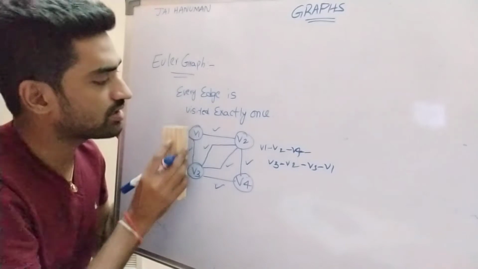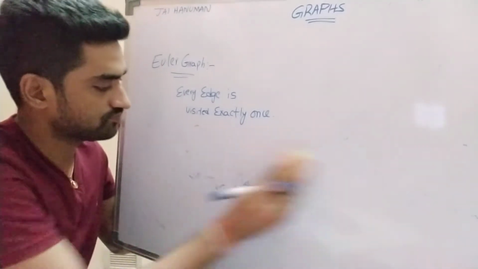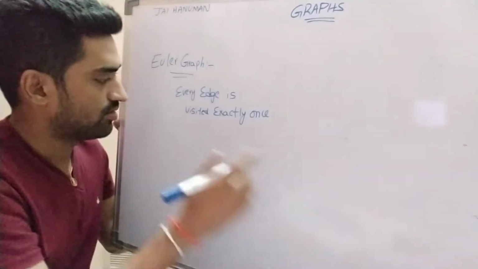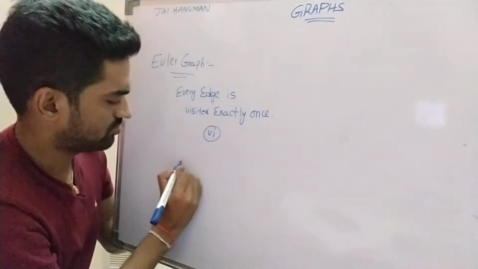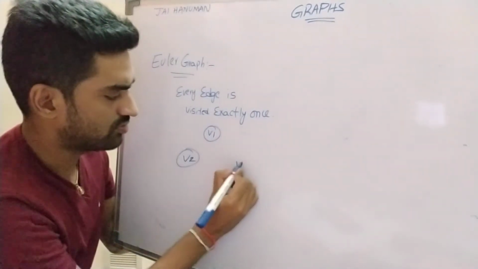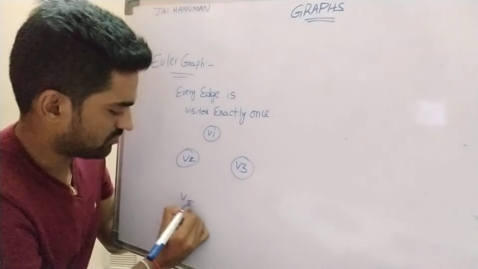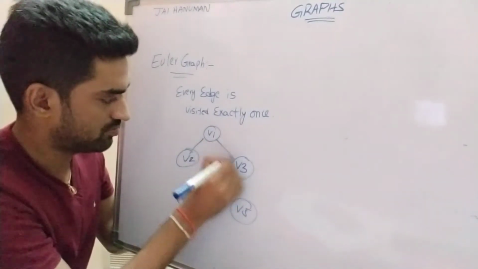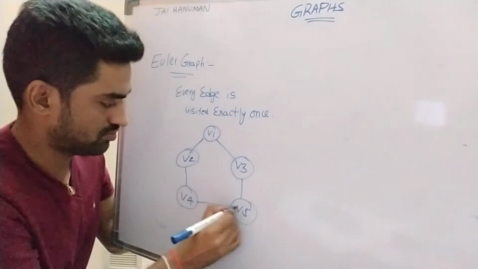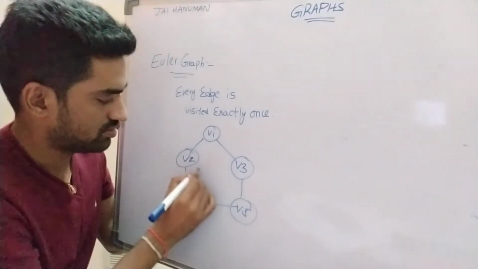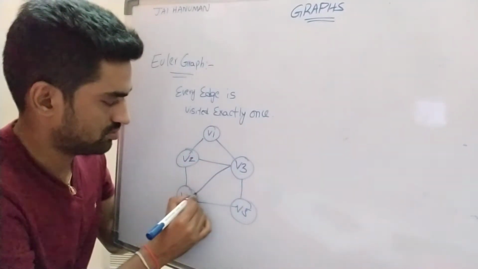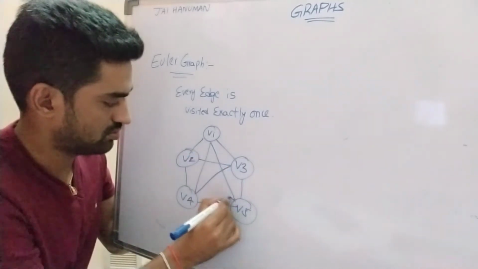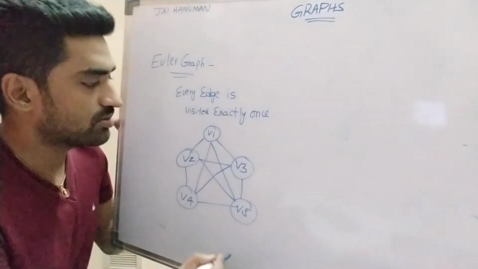Here we are taking one more graph: V1, V2, V3, V4, V5. This is also an Euler graph.